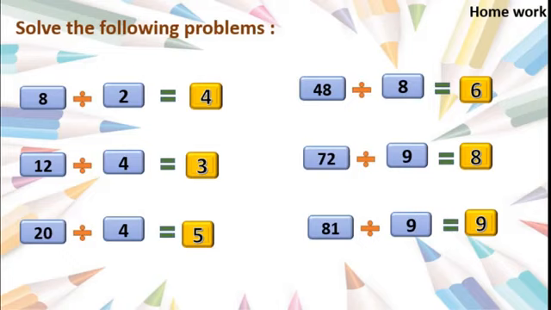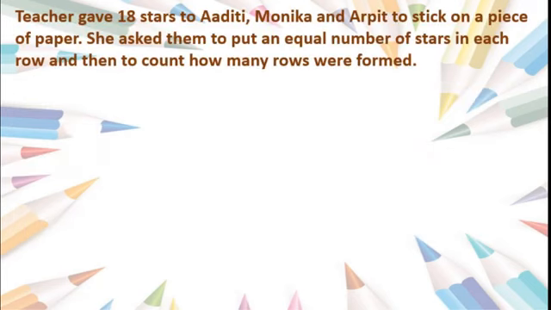Now we will move to today's portion. One question is here. Teacher gave 18 stars to Aditi, Monica and Arpit to stick on a piece of paper. She asked them to put an equal number of stars in each row and then to count how many rows were formed.